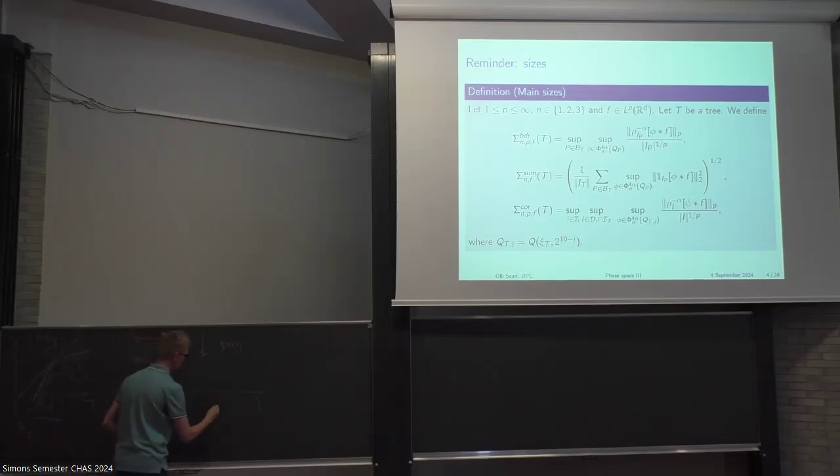But now suppose the top frequency is here. Then we take roughly radius 2 to the minus j. I think I put there something more, there is plus 10. So this is the box where the Fourier support of this guy is.